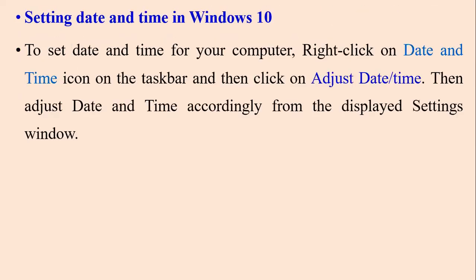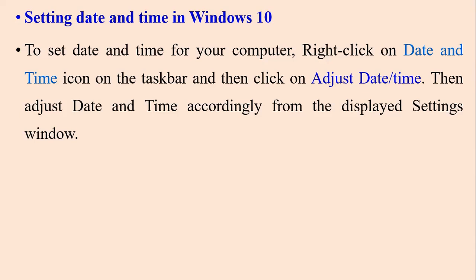How do you set date and time in Windows 10? In order for you to be able to set the date and time for your computer, just look on the rightmost section of the taskbar below your desktop.